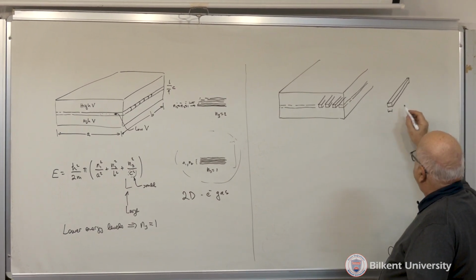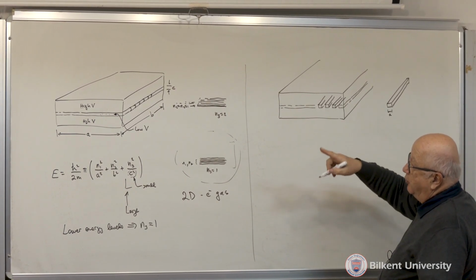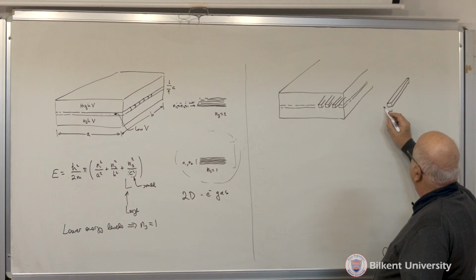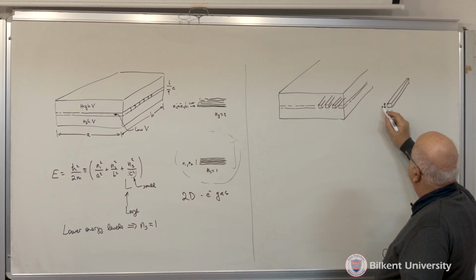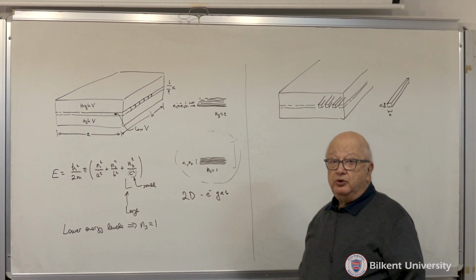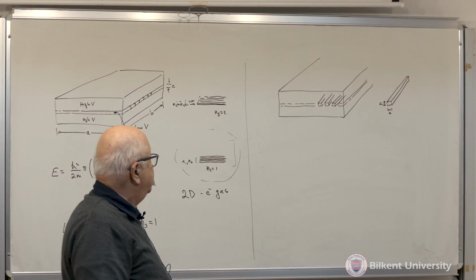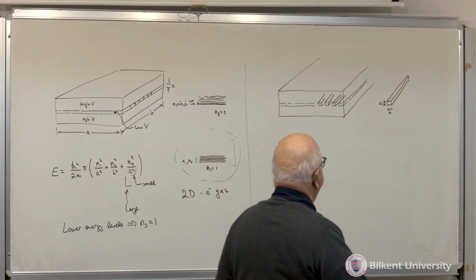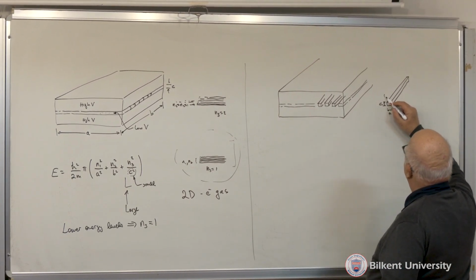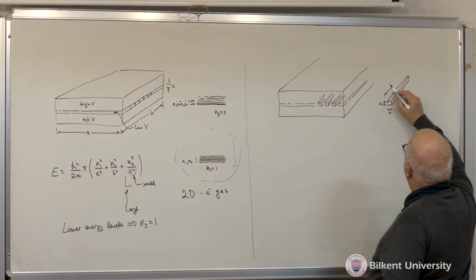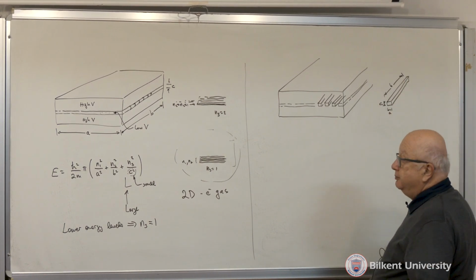The way I called it, it's going to be A and C. So A and C are very small, but the length in this direction, B, is long.